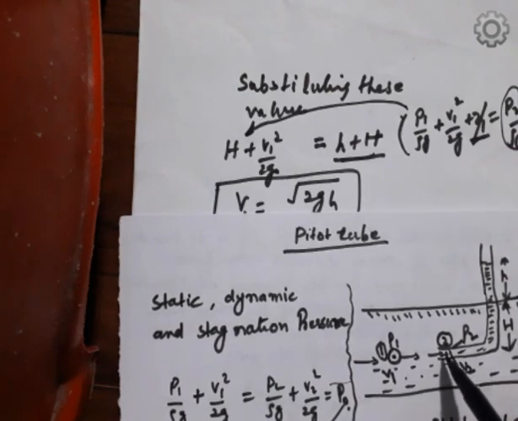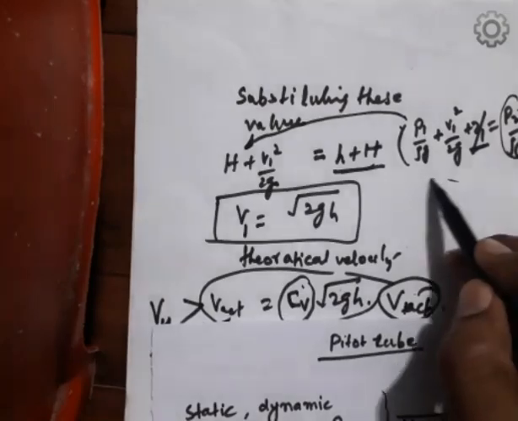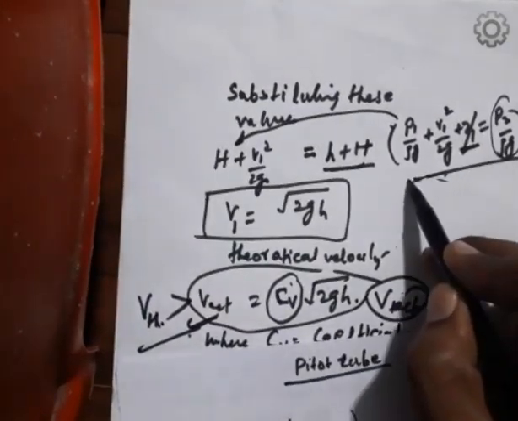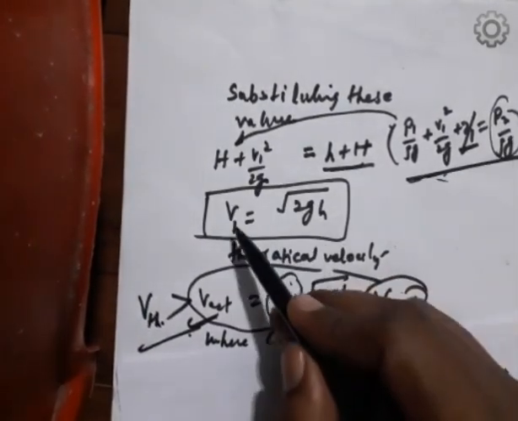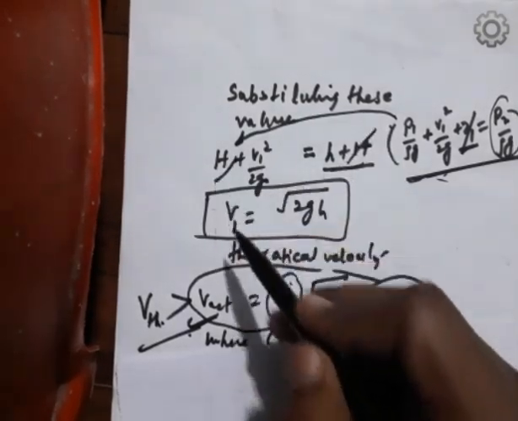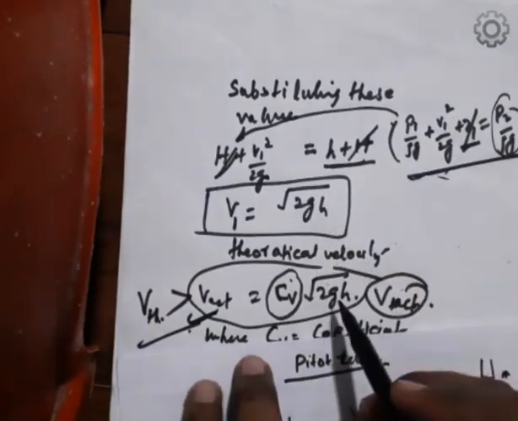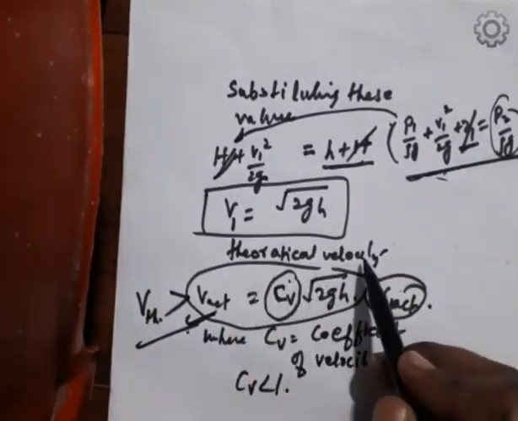Then that pressure rises because the kinetic energy becomes 0, and this is h plus H. I hope you will understand it, and from this equation h and h cancel, so V1 is root 2gH, and that velocity is the theoretical velocity.